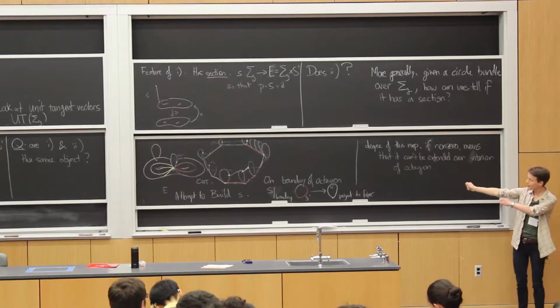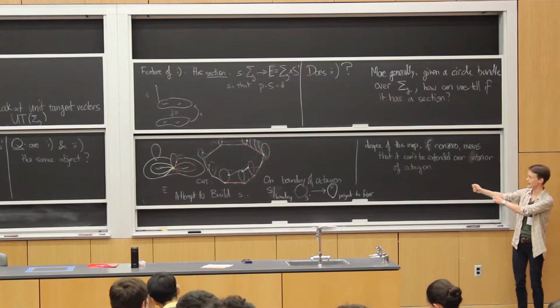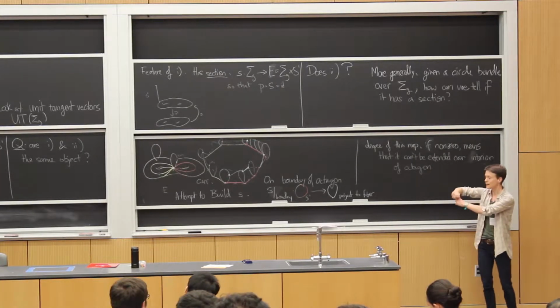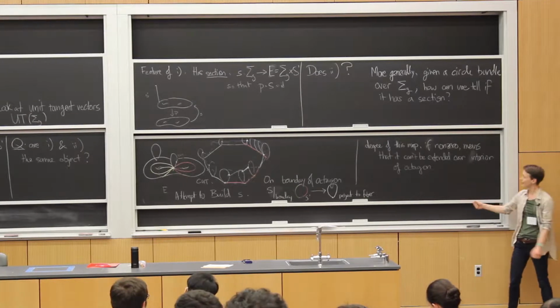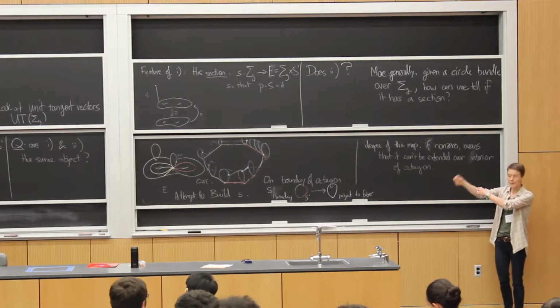So I found exactly the thing that says if you try and build a section around the edge, can you extend it over the middle? I found the obstruction to doing that. It's the degree of this winding-around map.